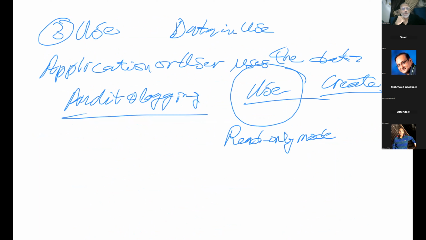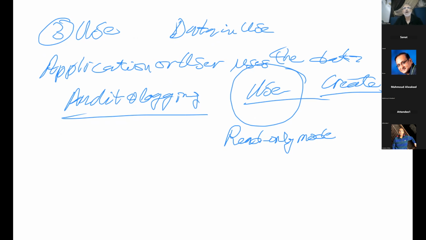In the exam, you will find a big scenario: an application, make a change, what security controls should be applied? Immediately, when I think the data is changed, it's modified, it's in create, this means that data classification should come to the picture immediately.